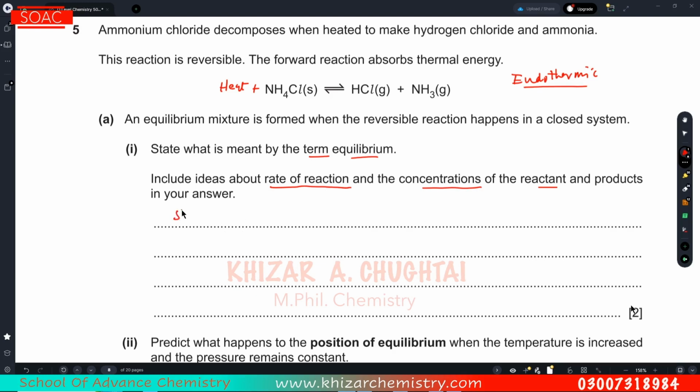Equilibrium is a stage at which the rate of forward reaction becomes equal to the rate of reverse reaction, the rate of backward or reverse reaction.